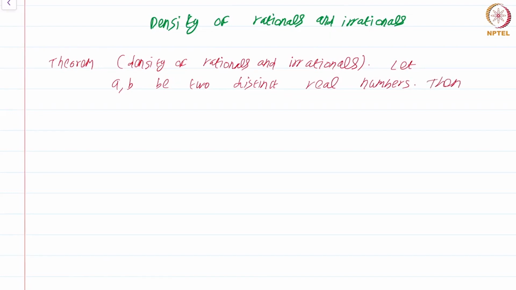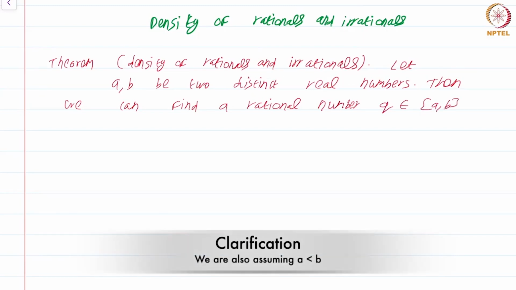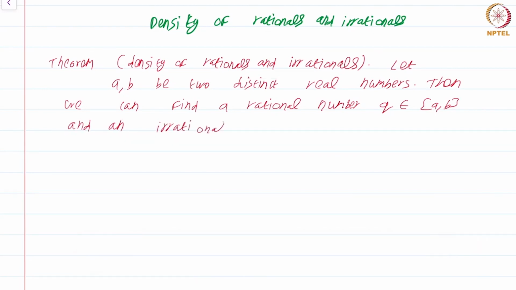Then we can find a rational number q in (a, b) and an irrational number c in (a, b). Proof.